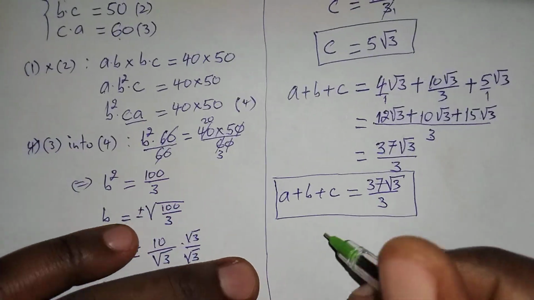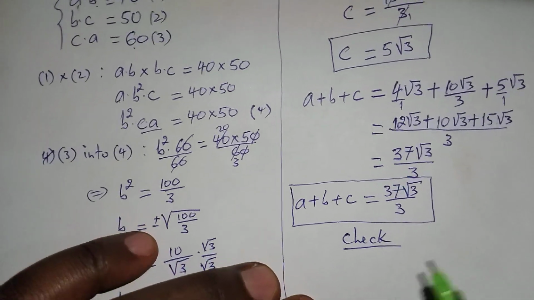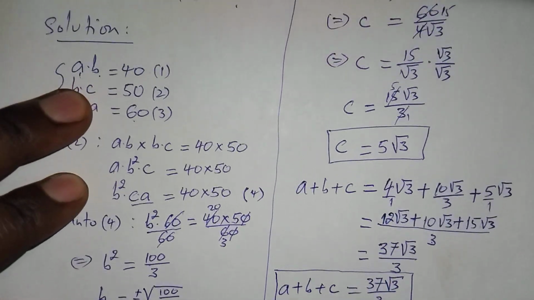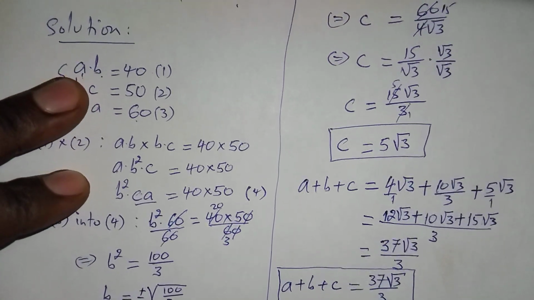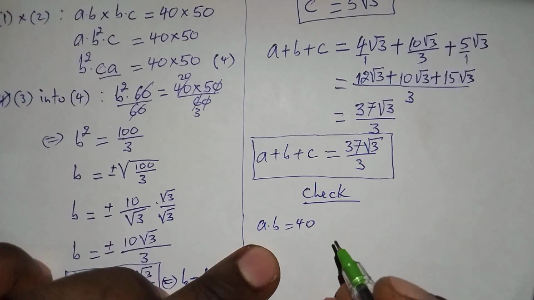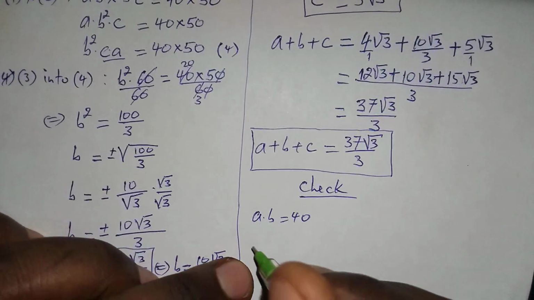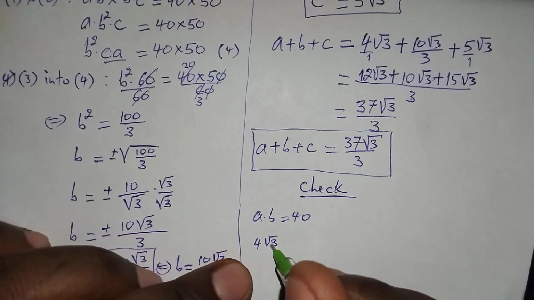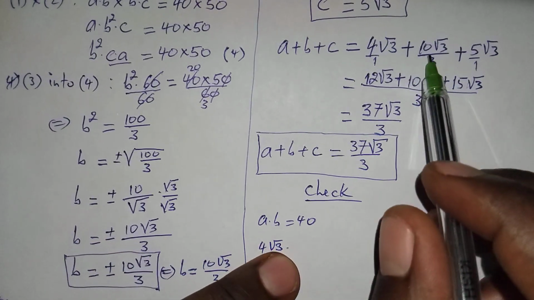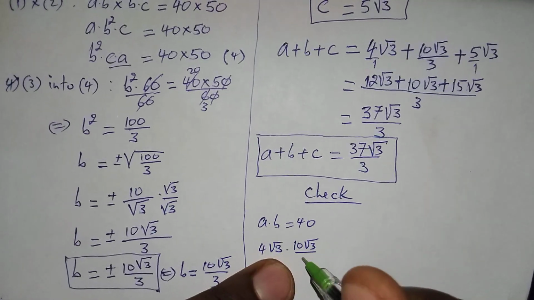Let's check. Checking from equation 1, A times B equal to 40. We have A, which is equal to 4 square root of 3, times B, B is equal to 10 square root of 3 over 3.